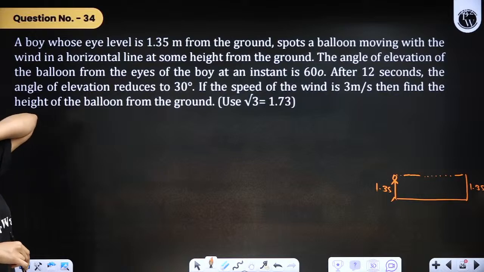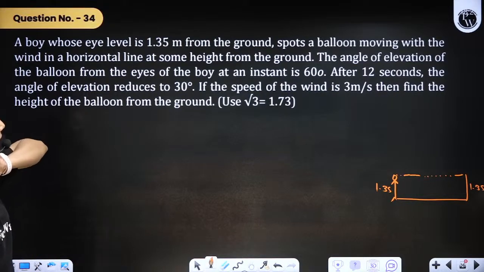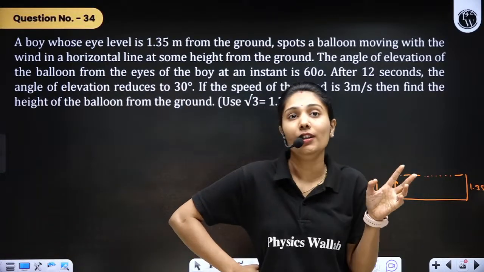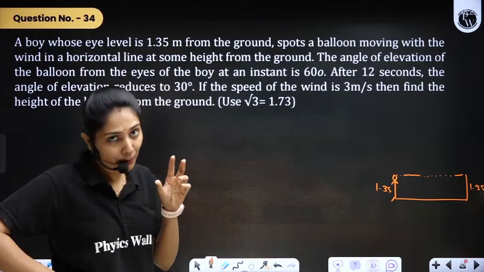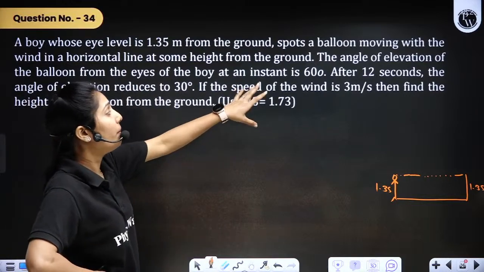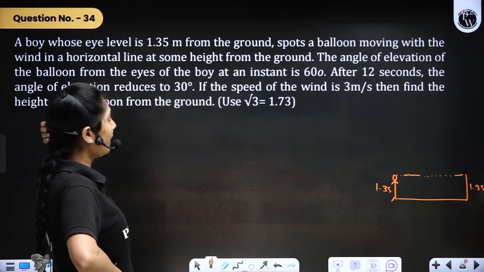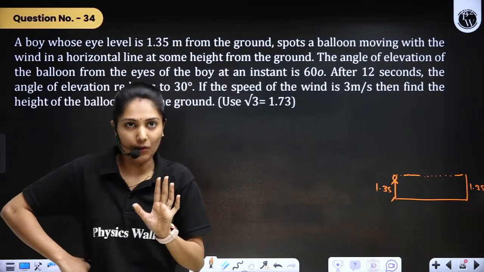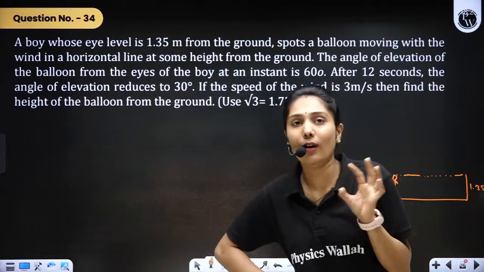He spots a balloon moving with the wind in a horizontal line at some height from the ground. We don't know the height of the balloon from the ground, but the angle of elevation of the balloon from the eye of the boy at an instant is 60 degree. The angle of elevation is given to us already.